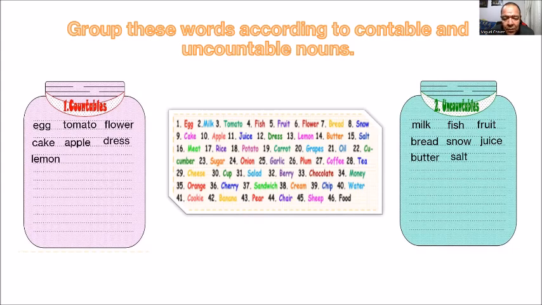Uncountable. Number 16, meat. Uncountable. Number 17, rice. Uncountable. Number 18, potato. Countable. Number 19, carrot. Countable. Number 20, grapes. Countable.